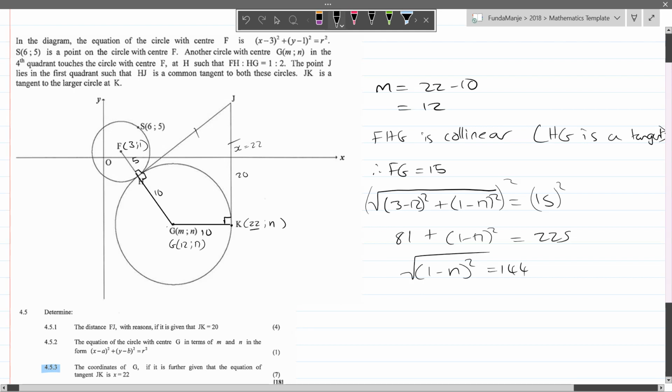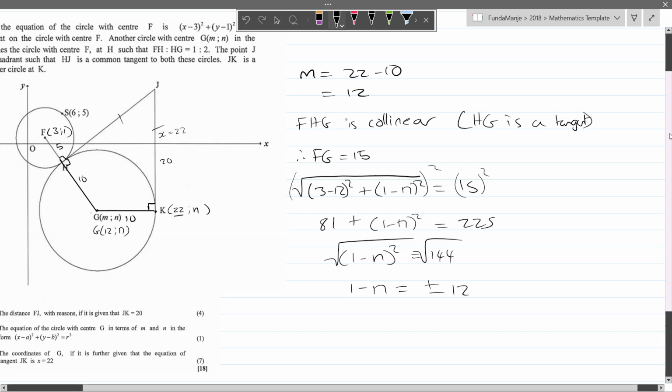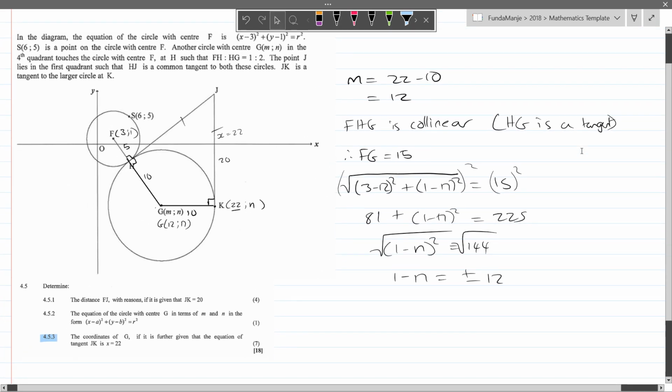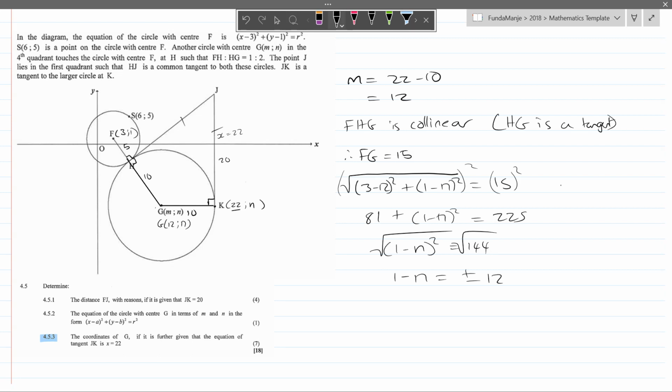And then we can square root both sides. This gives us that 1 minus n equals plus or minus 11. Actually, that's 12. 11 is 121. And this is 144 in case it's not visible. So we get 1 minus n equals plus or minus 12. Remember, whenever you take the square root of a number, the result will either be positive or negative.